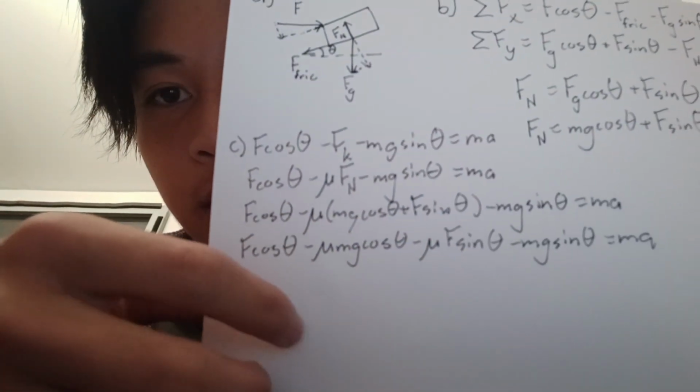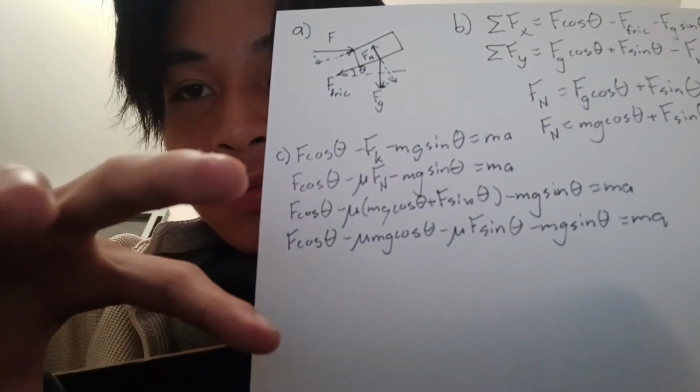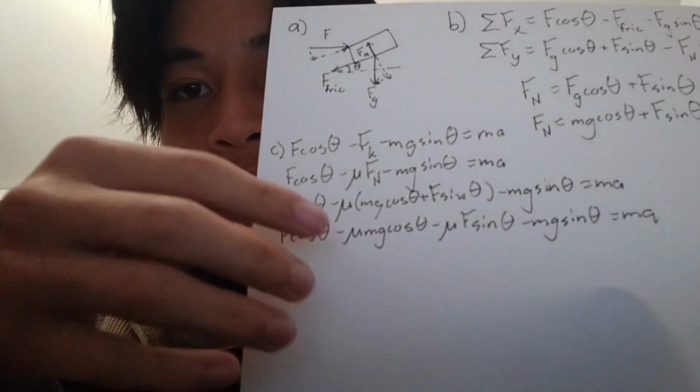And then next, to make it easier to solve in later problems, we can factor out the F and the mg from the terms that they're in. So just gather them next to each other first.